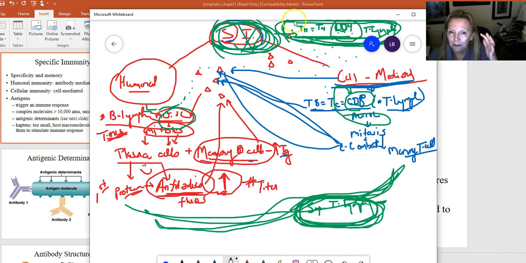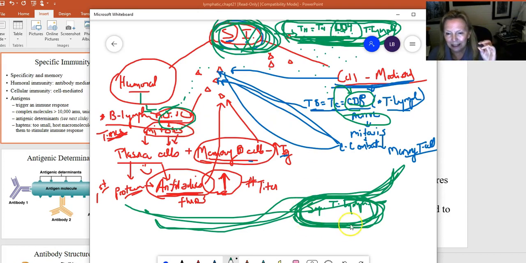These all work. Now, this whiteboard looks a little crazy even to me, but I hope you were following along. I hope you understand the two branches of the specific immunity, specifically which cells are involved in each of them, and also the cells that the entire thing hinges on, which are those helper CD4 cells.